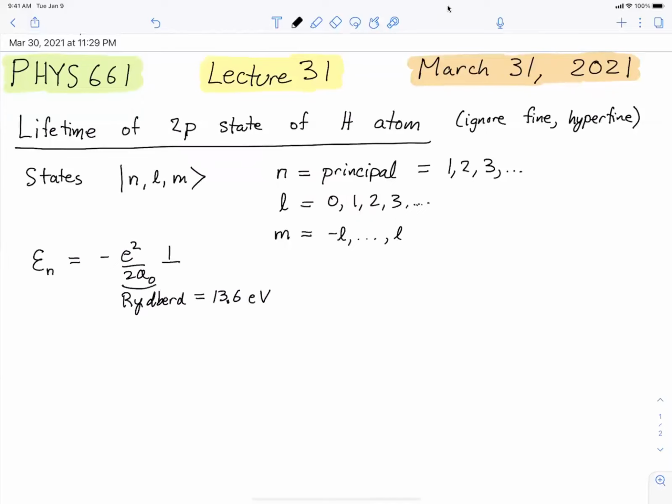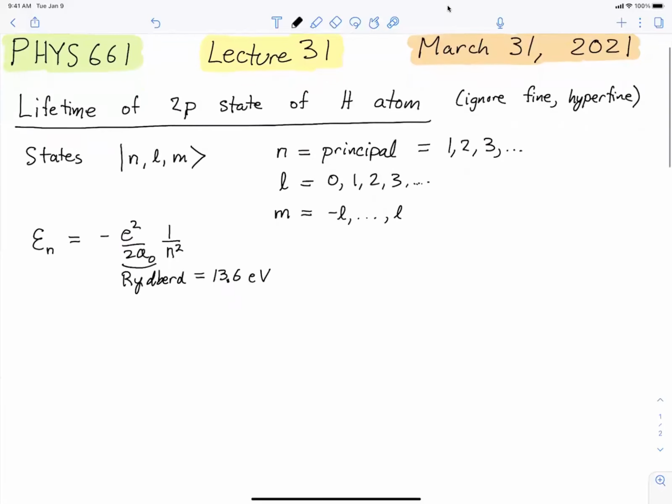And this is multiplied by 1 over n squared. So if you have trouble remembering if n starts at 0 or n starts at 1, that formula will tell you. If you can remember that the energy levels go like negative 1 over n squared, then you know n can't possibly be 0. Right? So the negative is telling you these are bound states. And so those are the energy levels.